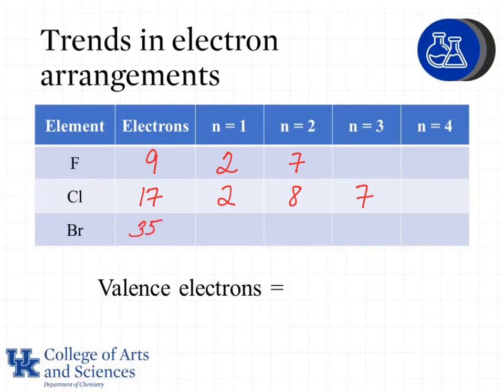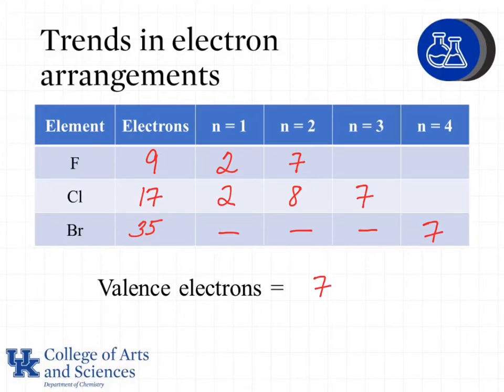And in bromine, we have 35 electrons. Now, bromine is past where we are going to look at determining the electron arrangements. But what we do know is that bromine also has 7 electrons in the n equals 4 shell. What we can see is that all of these elements have 7 valence electrons.